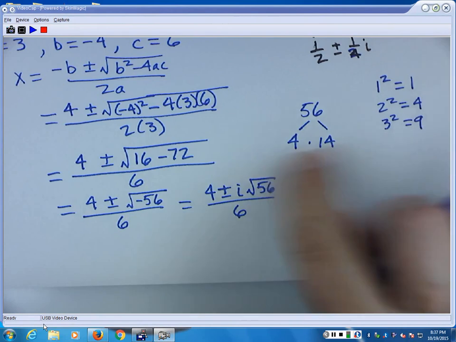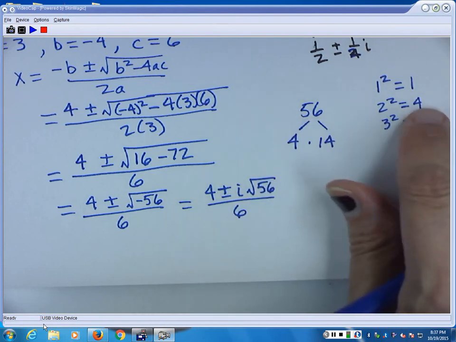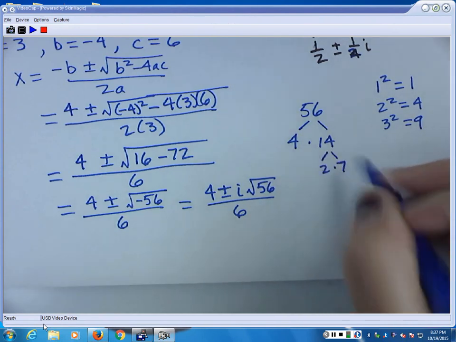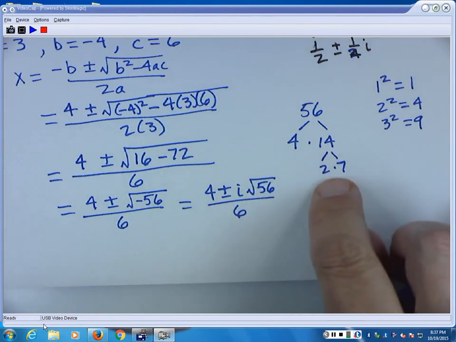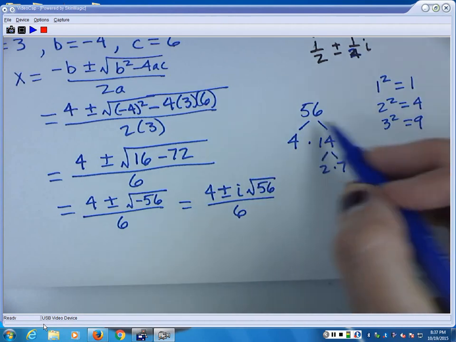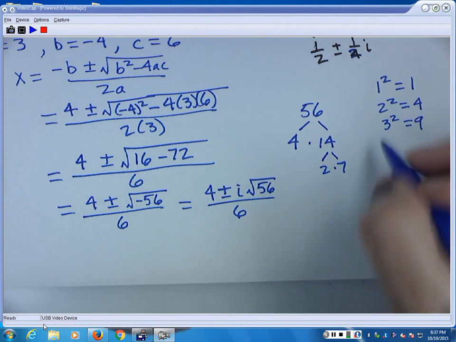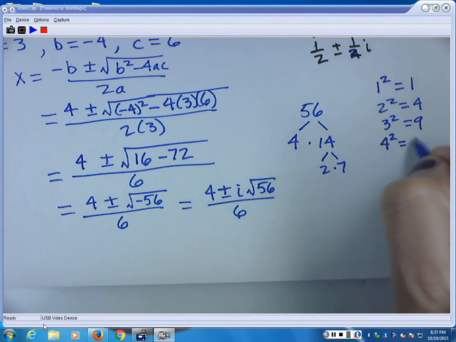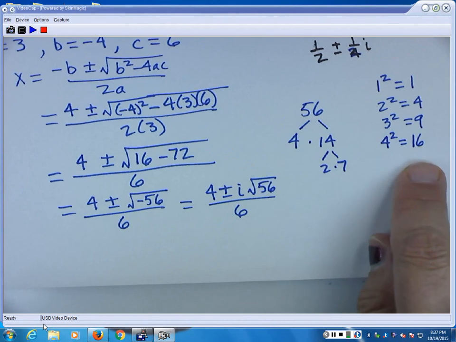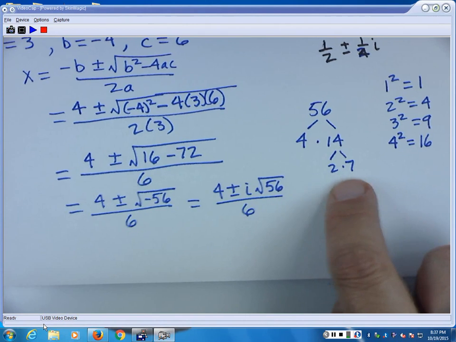So you're looking for factors; you could also take your calculator and do 56 divided by 4. And that's 14, and 14 is 2 times 7. That doesn't have any other perfect squares in it. So 4. You could do 56 divided by 9 and see if it comes out even. It doesn't. You could do 4 squared, 16. You could try 56 divided by 16. It's not going to work because there's no pairs here.